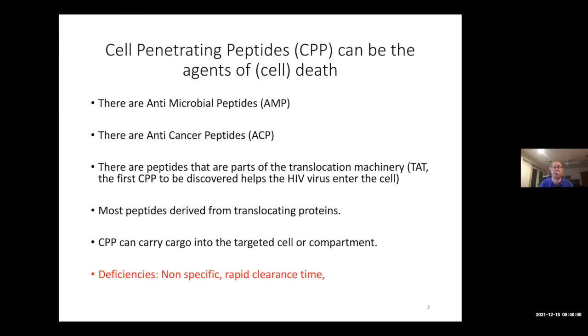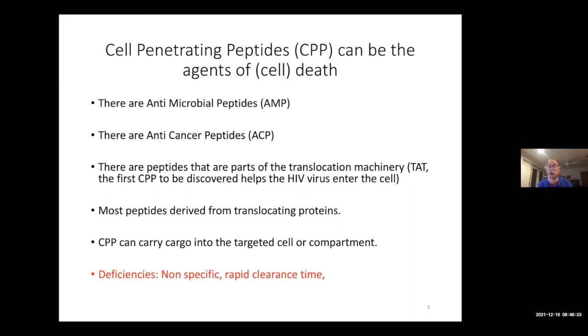The way that people find them, or try to extract them from nature, is by looking for proteins that serve as translocation machinery. There are many proteins that by design need to permeate, to pass through a particular membrane. The first peptide discovered of this type is TAT, which is part of the HIV virus, and is essentially the leading peptide that allowed the virus to penetrate into the cell.